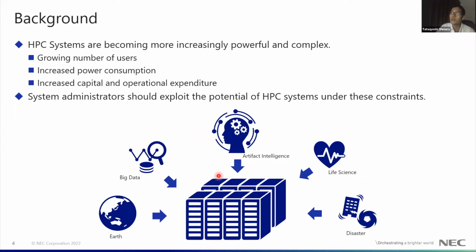HPC systems are becoming more heterogeneous, larger scale, and more complex, and the user community is expanding. So HPC system administrators are required to maximize the value of the HPC system while satisfying these user demands under limited computing resource and power.